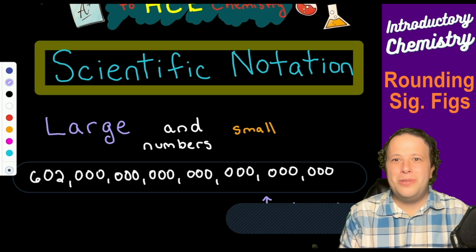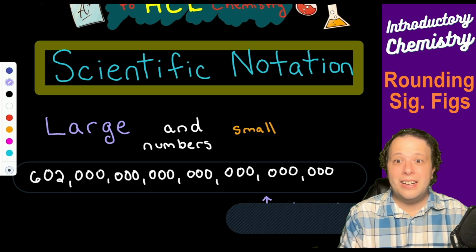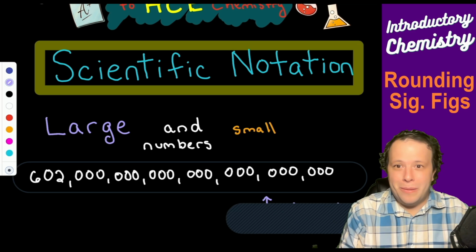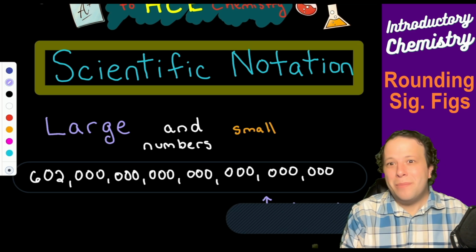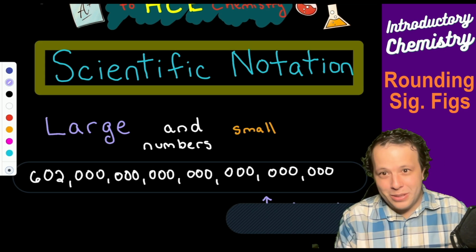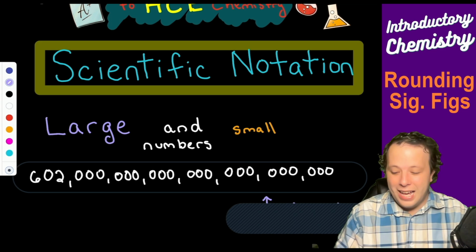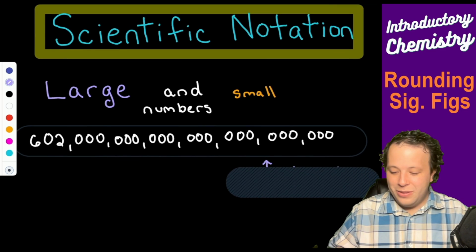What if we had the following number, which is 602 with a lot of zeros, probably bigger than any number you've ever seen before? Well, this is Avogadro's number, which is a very common number used to count how many atoms or molecules.